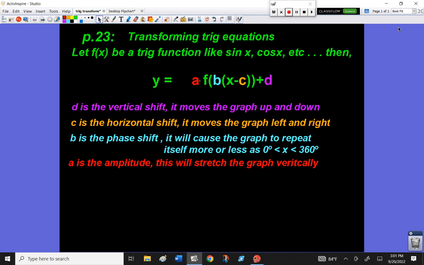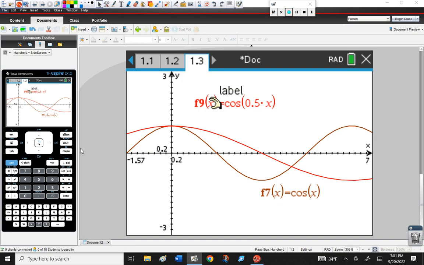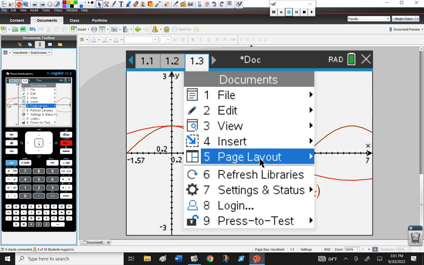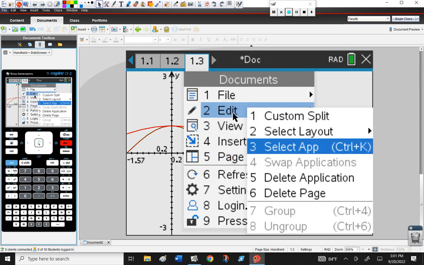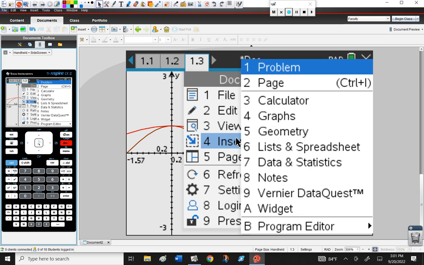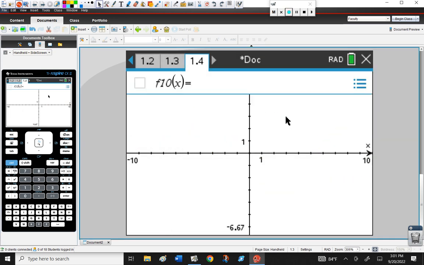So I'm going to go here, and let me put the pointer on. Let's go to document. I'm going to insert a graphs page. Okay, and this time I'm going to go back to sine of x. Gotta put the parentheses. I forget.